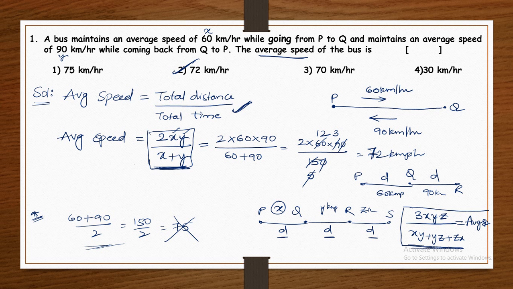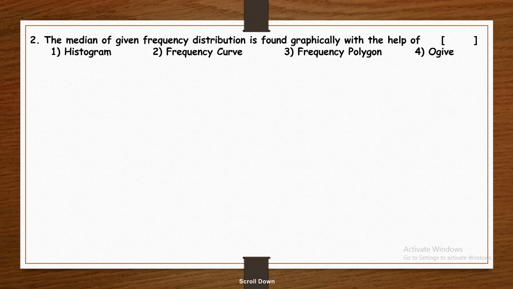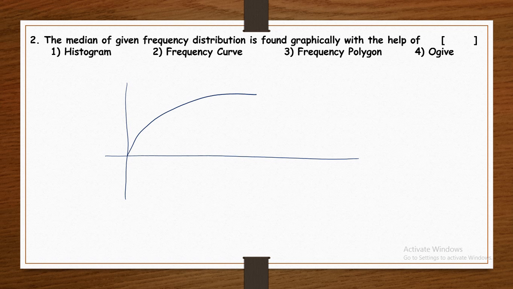Next, moving on to question number 2. The median of a given frequency distribution is found graphically with the help of, right? So while we were discussing median in our 10th class, in the chapter of statistics, to find the median we know that we can use the graph of OG curves, right?